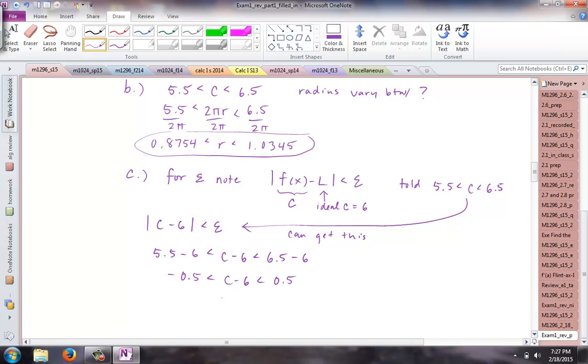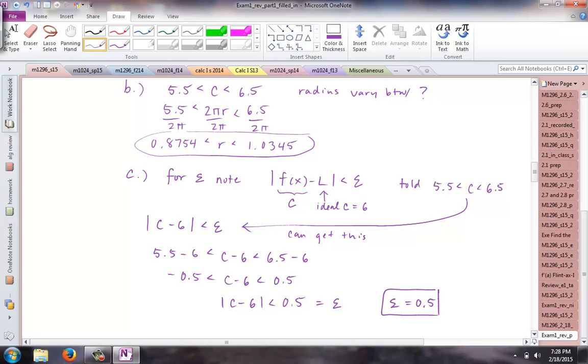So we can repackage this up as the absolute value of c minus 6 is less than 0.5. Let me finish the problem before I get too off on a tangent here. So epsilon is equal to 0.5. Let's just state the answer first before we get distracted.